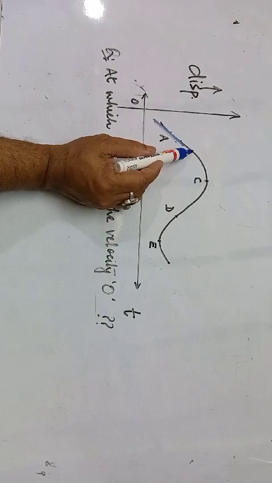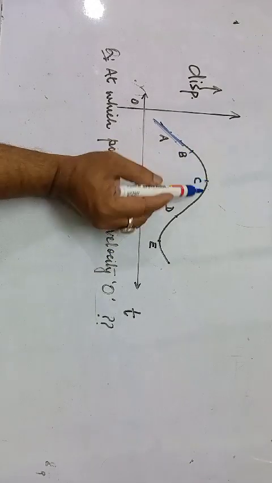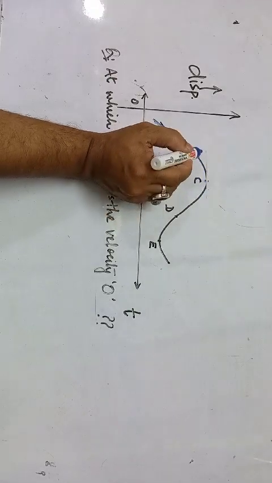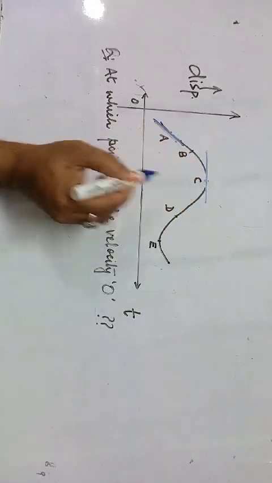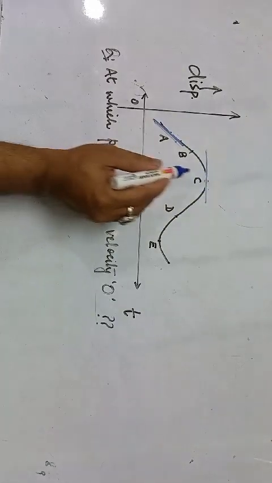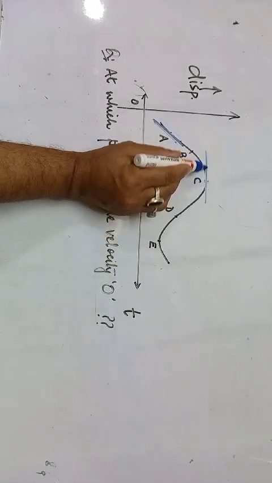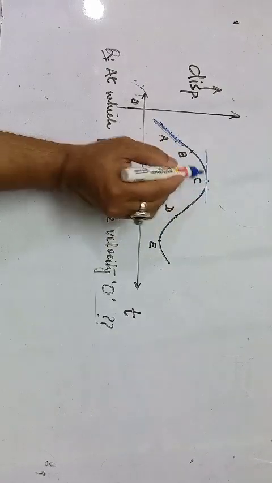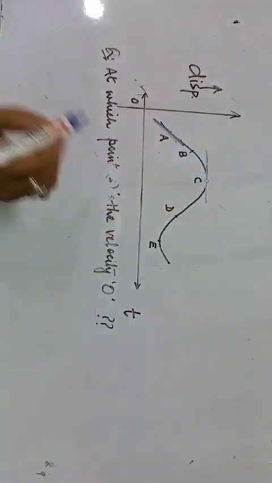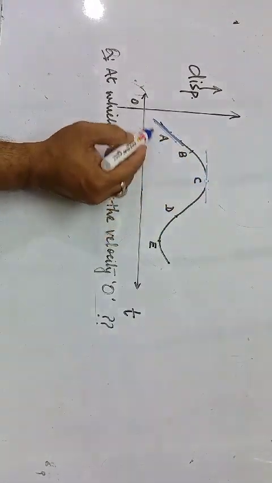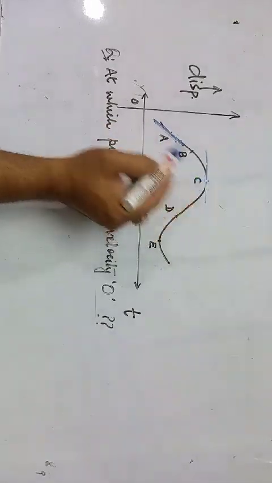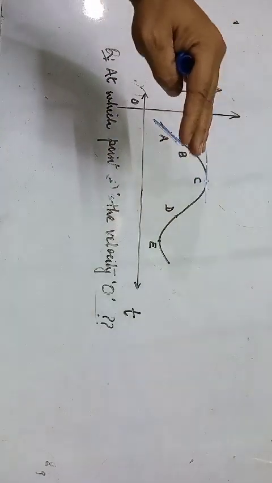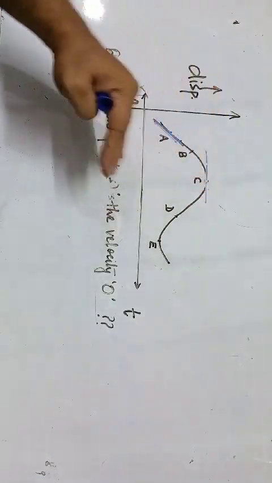Same goes with B. But have a look at C. This is a point where if you draw a tangent, this tangent is going to run parallel to the x-axis. Okay, so if you now want to find out the slope of this curve at this point C, you will see that the slope will come out to be zero, because this is the only point till now, A, B, C, we have covered 3 points, where the graph has become sort of parallel to the x-axis.